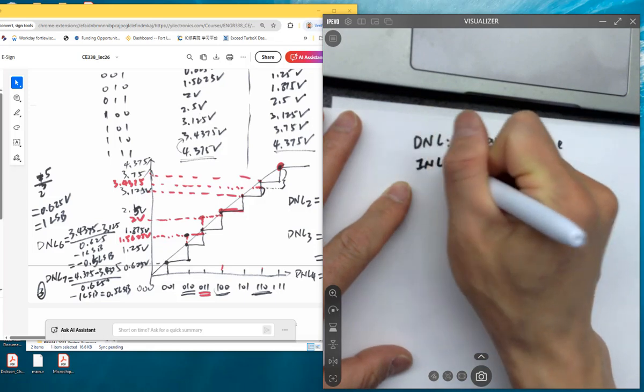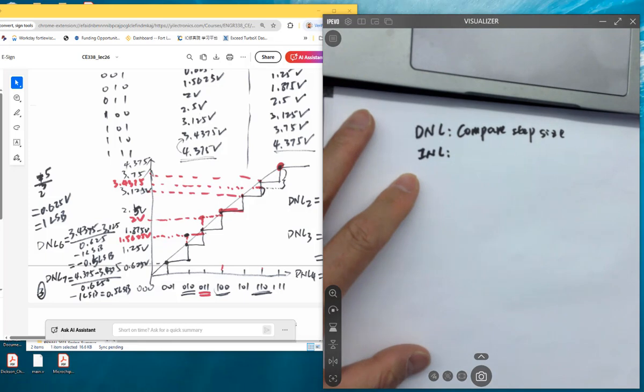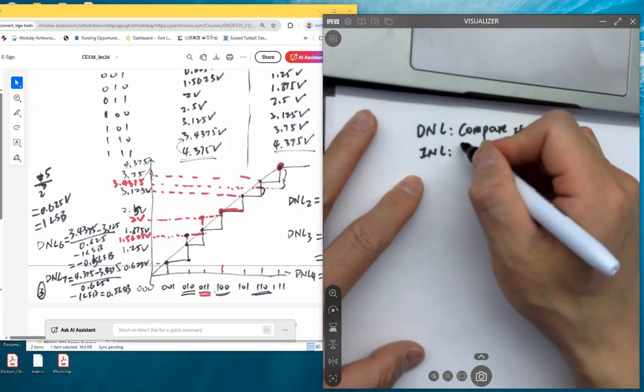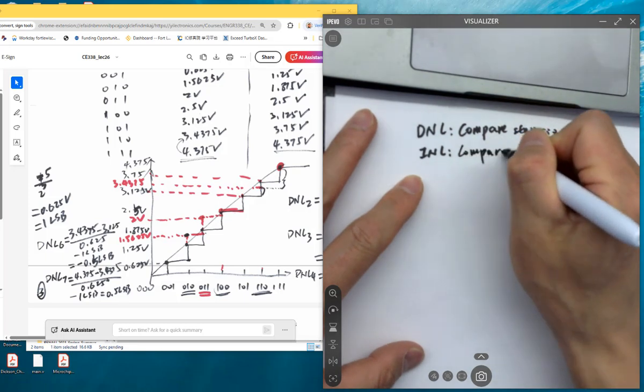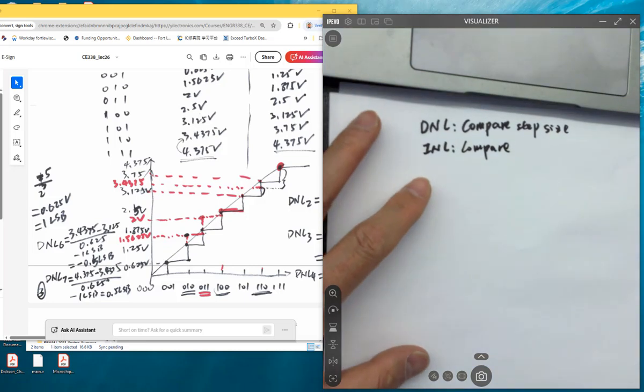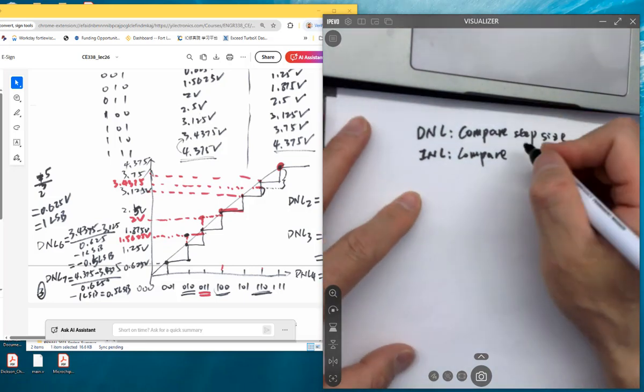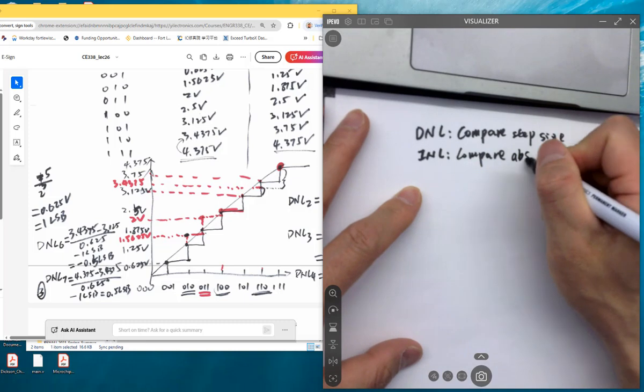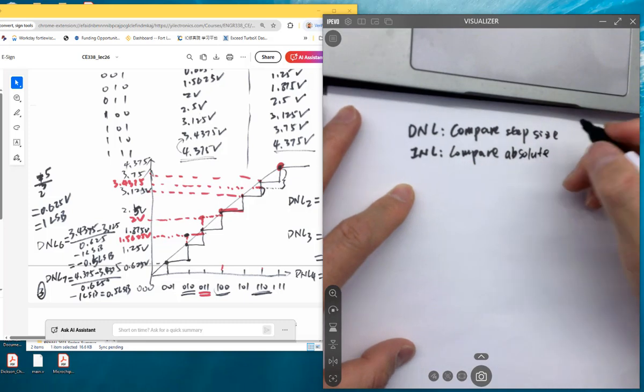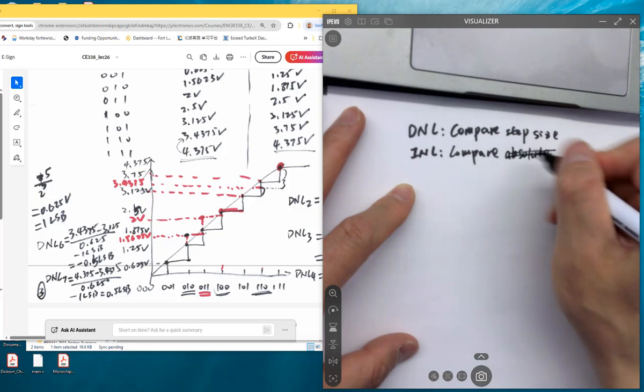INL compares the absolute value, probably amplitude. Let's do amplitude.